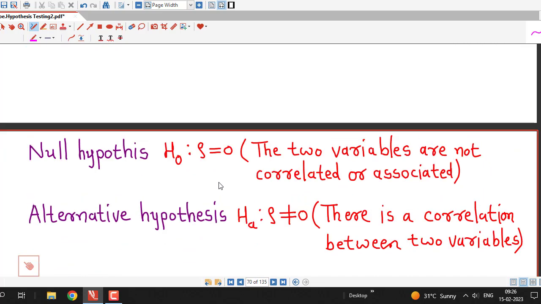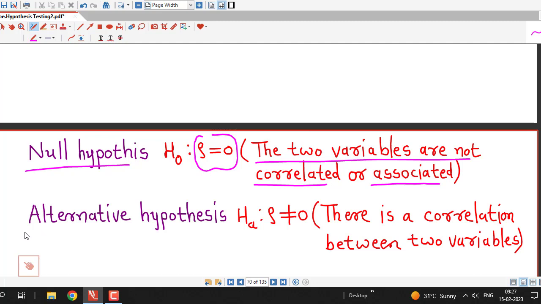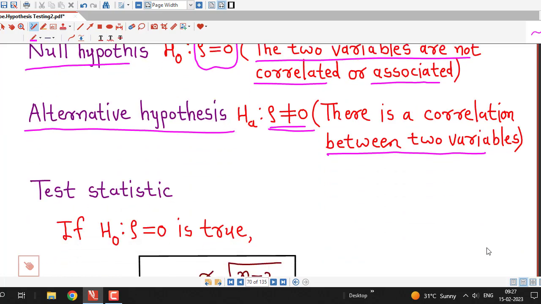We can again summarize. Our null hypothesis is that the population correlation coefficient is 0, that is, the two variables are not correlated, or not associated, or there is no correlation or association between the two variables. The alternative hypothesis is that the population correlation coefficient is different from 0, that is, there is some correlation between the two variables.